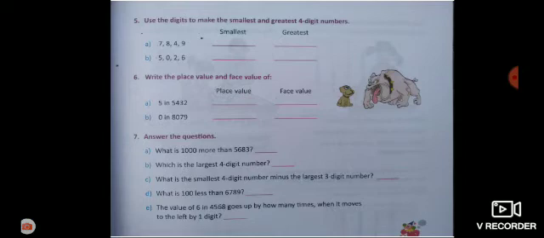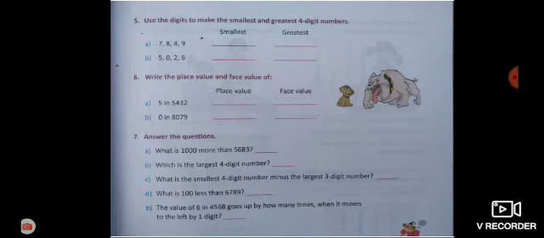How many times does it go up when it moves to the left by 1 digit?